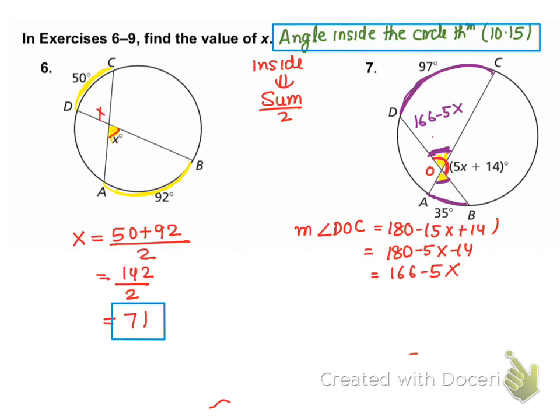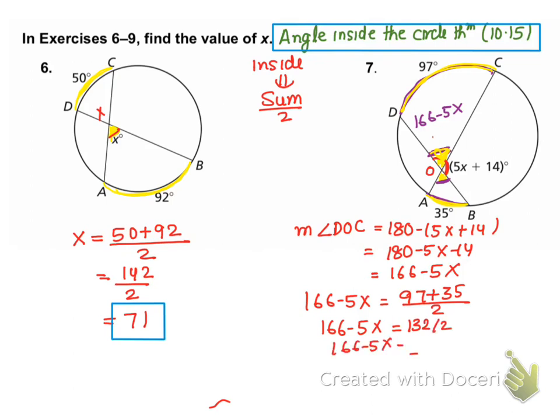So what you have to do, inside means if you have been given this angle, then this plus this over 2. All right, so now we are going to have 166 minus 5x, that is actually what? Add the intercepted arcs, 97 plus 35 over 2. Don't worry if your left side is an expression, simplify the right-hand side, that's 132 over 2, then 166 minus 5x is equal to 66.